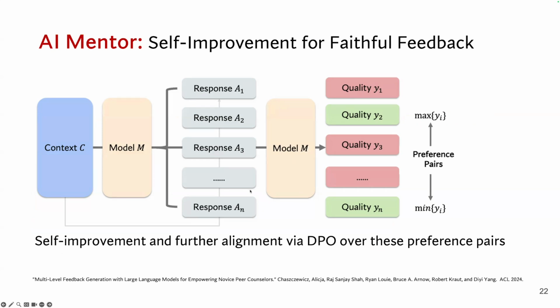And then the last stage is self-improvement. After the first two stages, the model is already very good, and then we can do self-improvement by preference tuning over synthetic preference pairs to further improve the performance. So after those three steps, the AI mentor is actually pretty good.